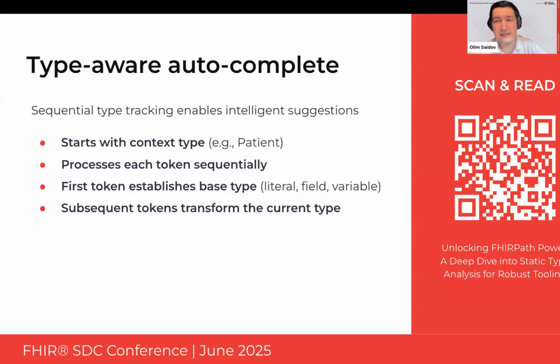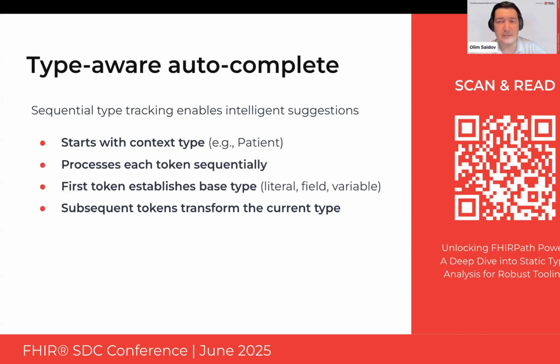Let me explain the technical approach behind type-aware completion. The system performs sequential type analysis through the expression, just like an ordinary evaluation. We start with a context type like patient. When building a patient-related expression, the initial context determines what starting tokens are available.